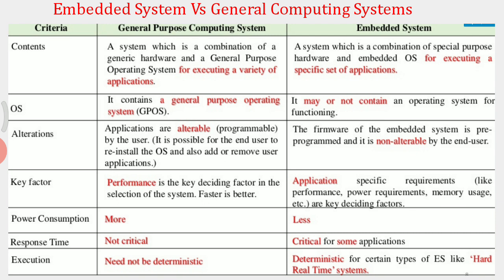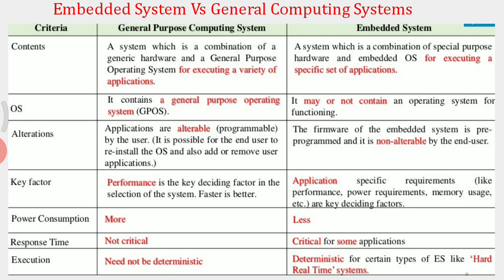It is used for executing a variety of applications. The same contents in embedded systems are a combination of special purpose hardware and an embedded operating system, used for executing a specific set of applications rather than general purpose applications.